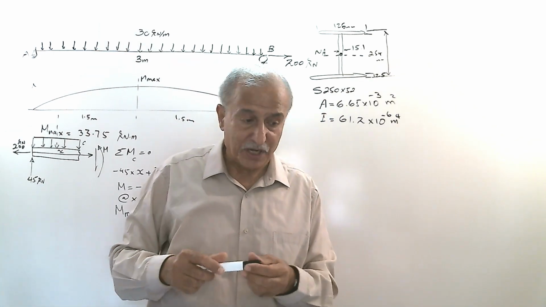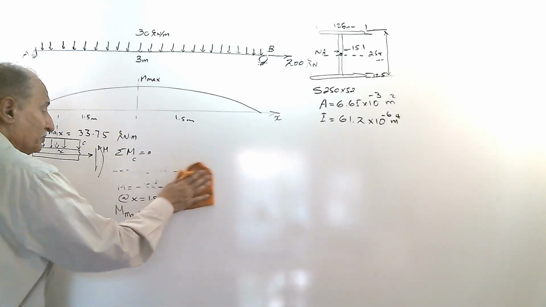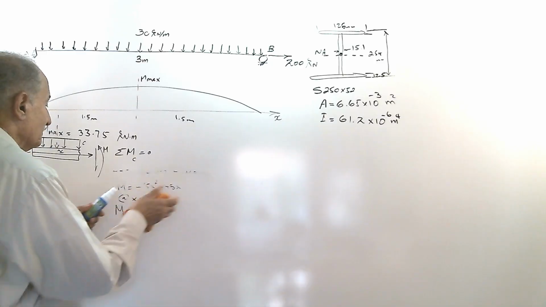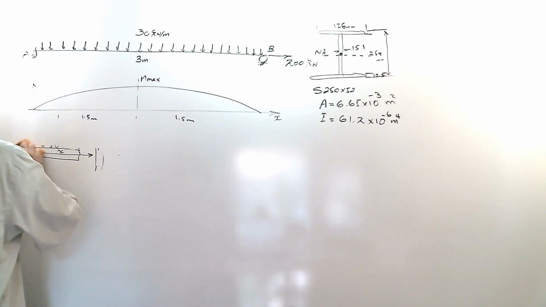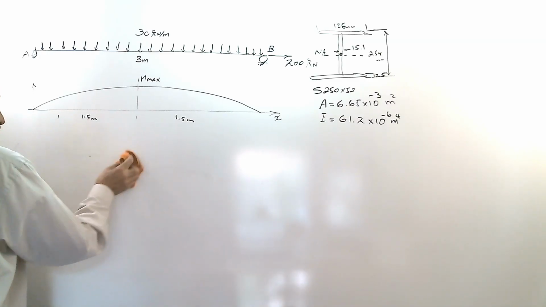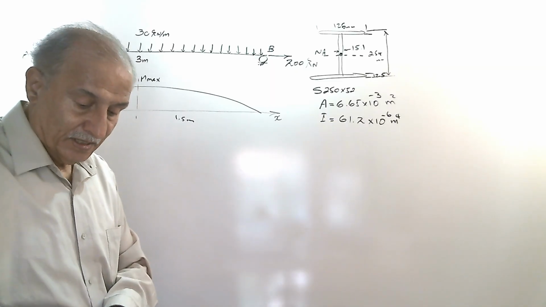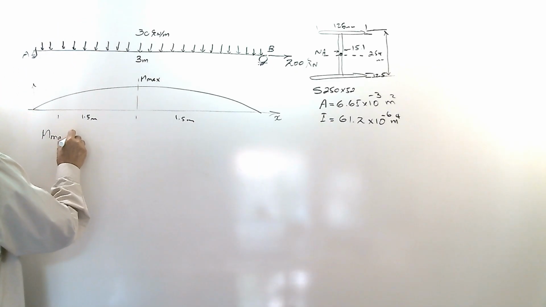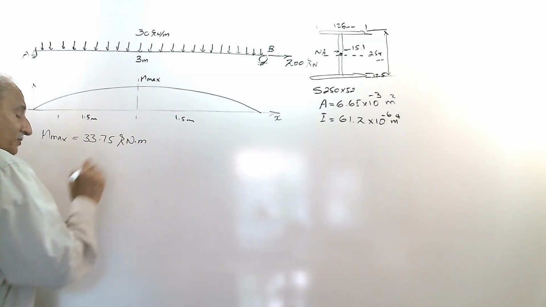This is how to calculate the bending moment diagram. I didn't want to mention that, but maybe this is a question, how I reached this value for the maximum bending moment. Then M max is 33.75 kilonewton meter. Okay.